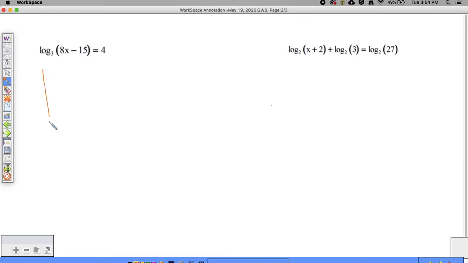So if you look at this from a graphical perspective, everything shifts over to the right. You're shifting what is typically over here at (1, 0).